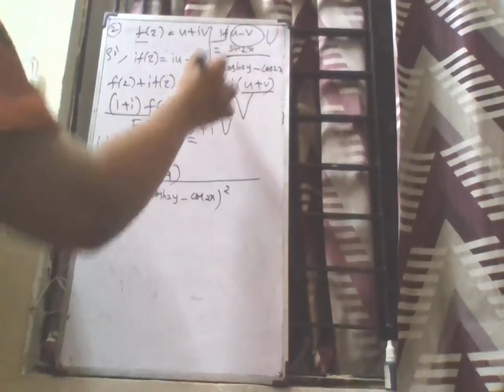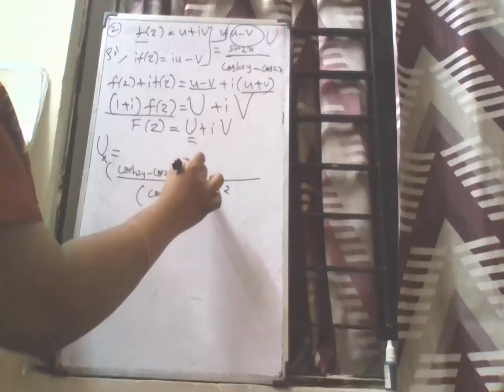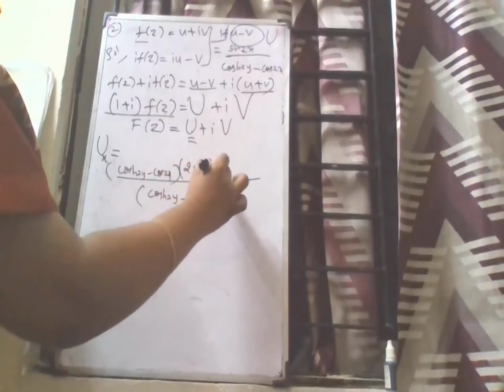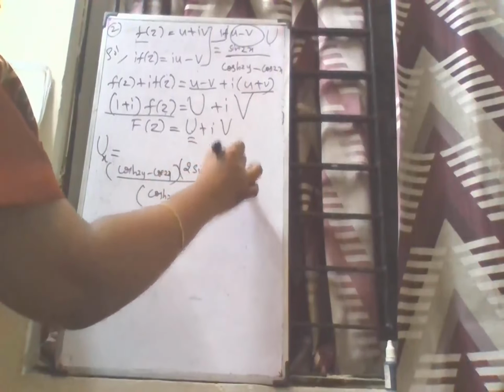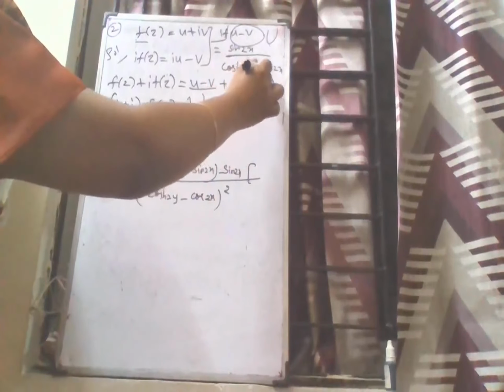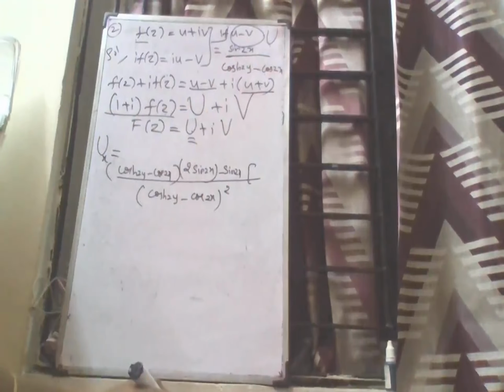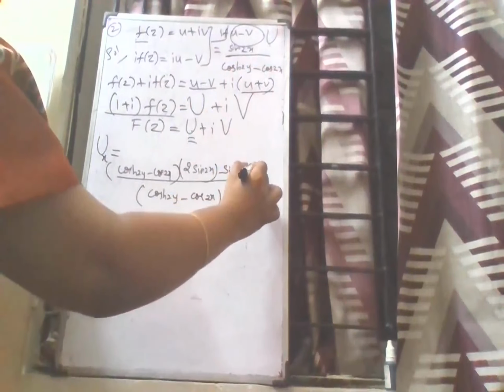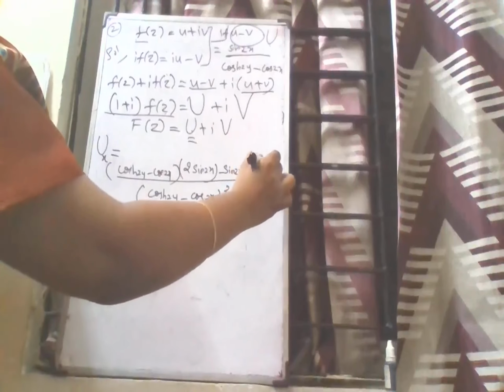So v, differentiate this to get sin 2x, minus of sin 2x, keep this as constant. Differentiate this with respect to x, what will we get? This one will become 0. This one will become minus cos 2x, and cos 2x will become sin 2x. So I'll get 2 sin 2x, close the bracket.